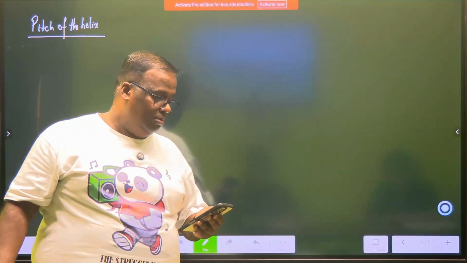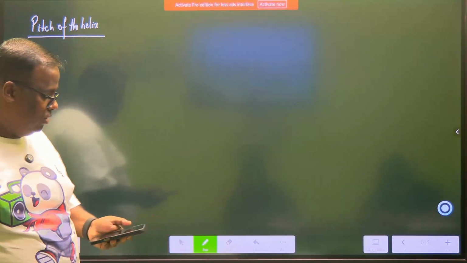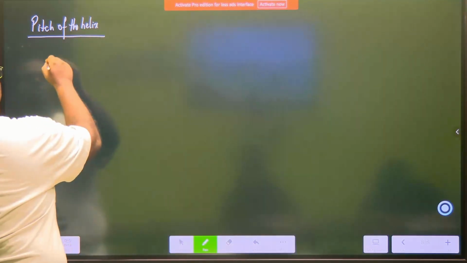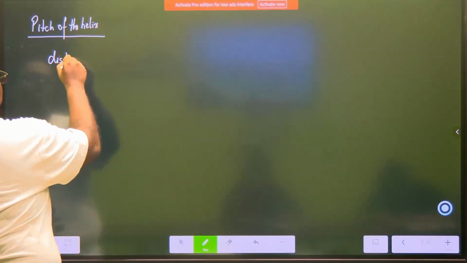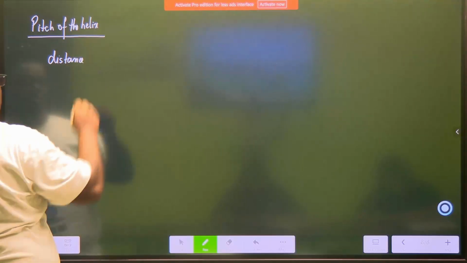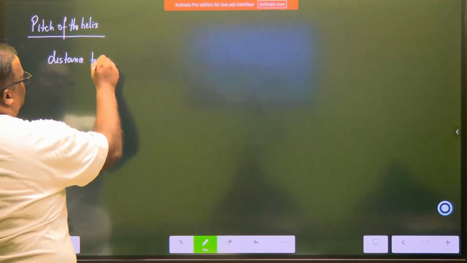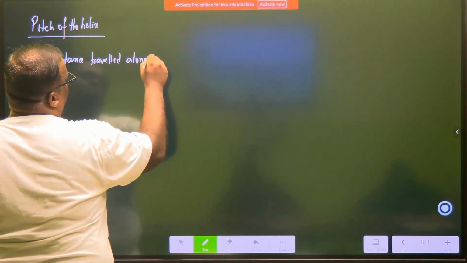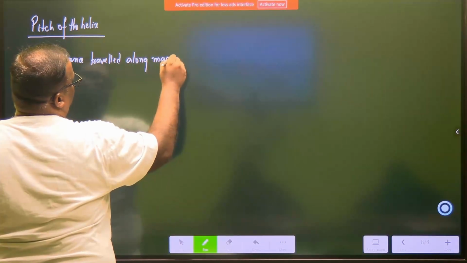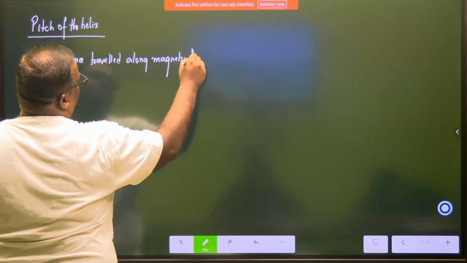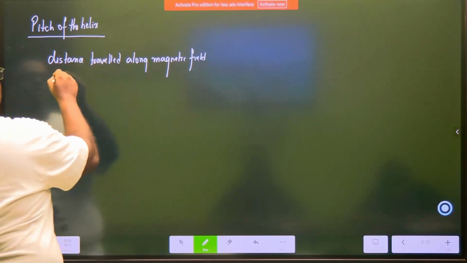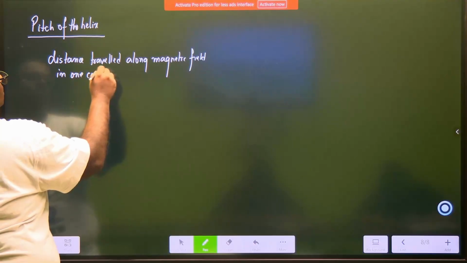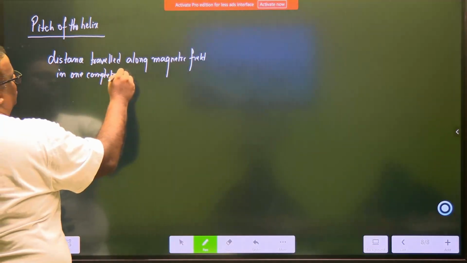So we are doing pitch of the helix. So write down, pitch is the distance traveled along the magnetic field in one complete revolution.